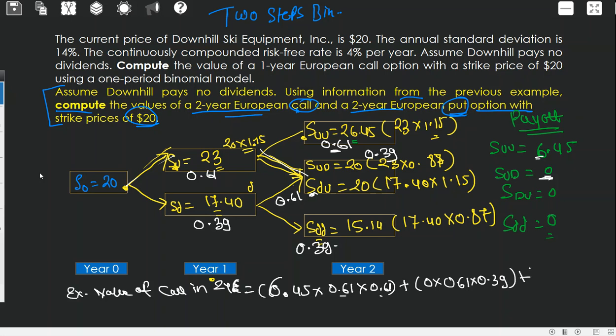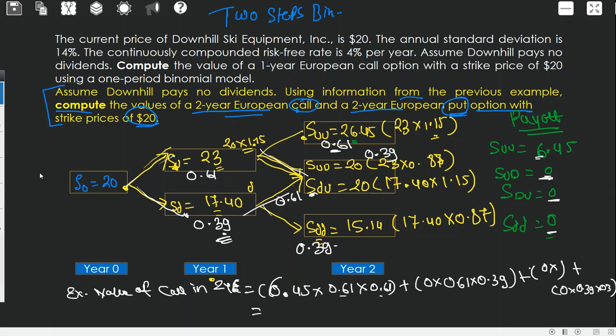The same will happen for the other remaining two cases. In this case it will be 0.39 into 0.61, but again we are multiplying it with 0, hence the answer will be 0. And in the last case also the answer will be 0: 0.39 and again down move 0.39, so 0.39 into 0.39.